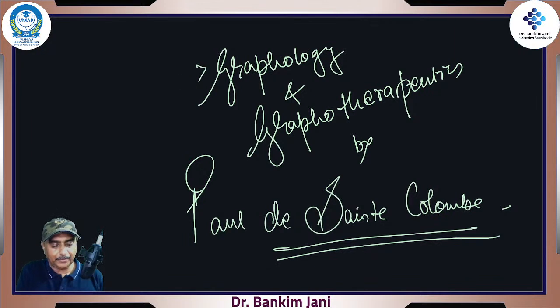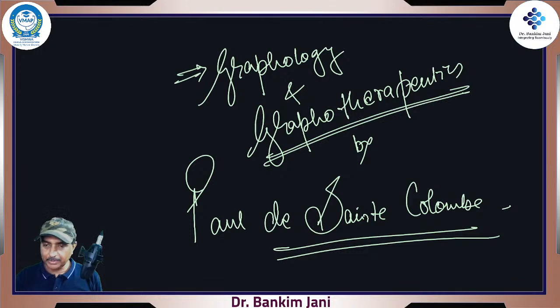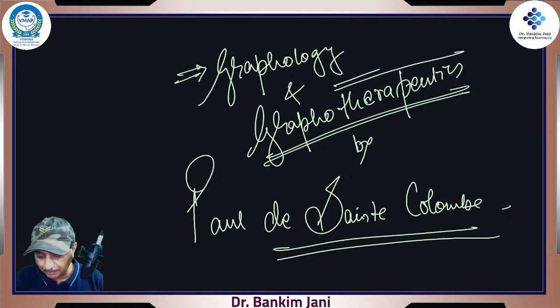Graphology is the study of handwriting, and graphotherapeutics is how you can change and improve your characteristics and abilities by changing your handwriting. So this is like a therapy. Fantastic book, but it's in very short supply. It's a thick book, like Harrison.